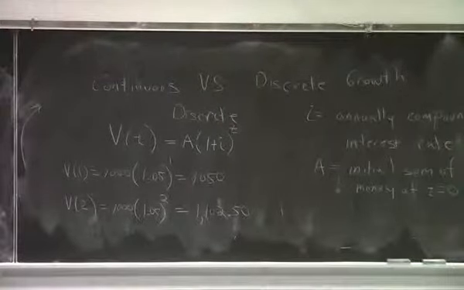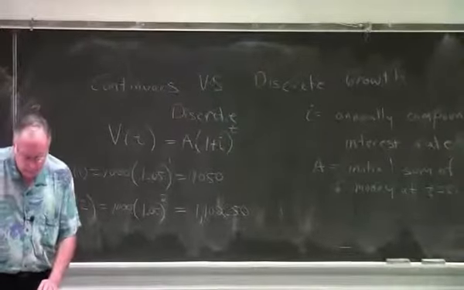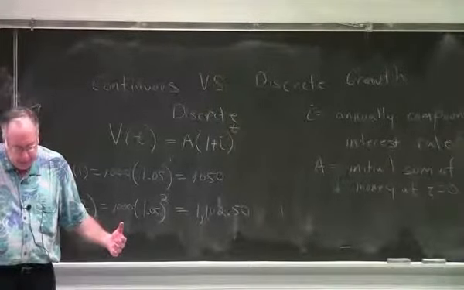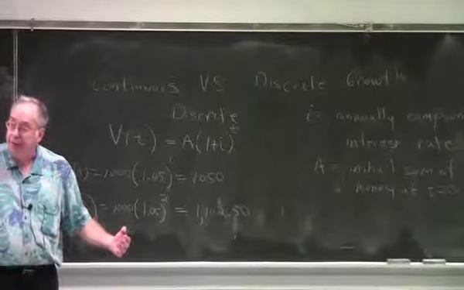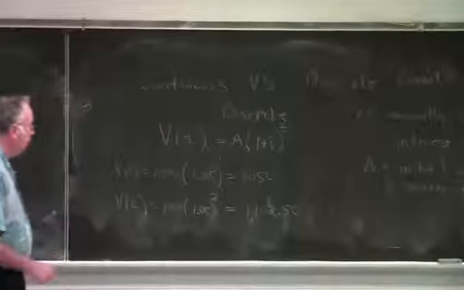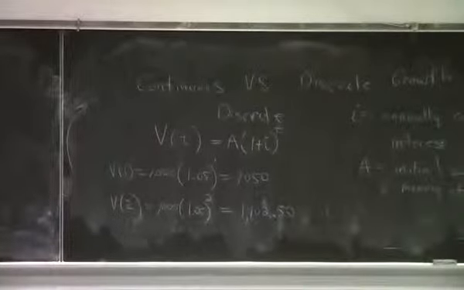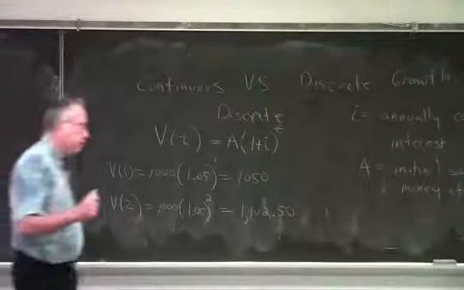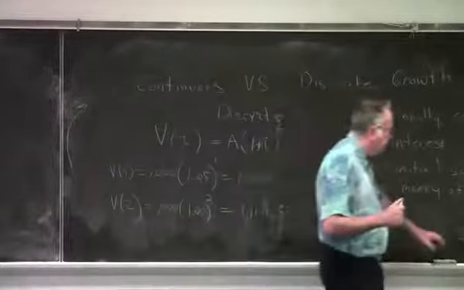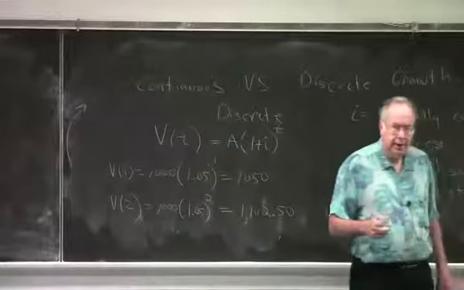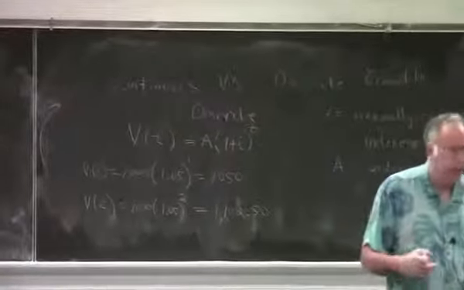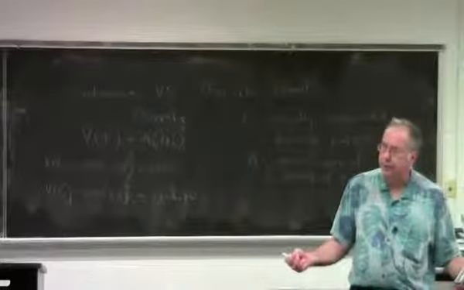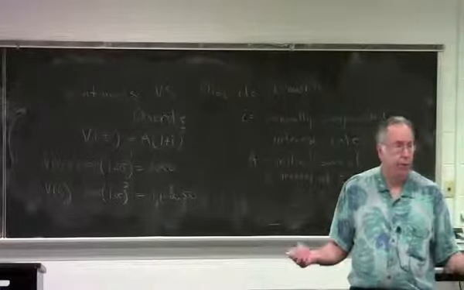Okay, all right. Here's one I did. This is more interesting. What would this $1,000 be worth after 30 years? What would be the formula if you wanted to calculate the value of this after 30 years? $1,000 invested at 5% annually compounded interest. How much would it be worth after 30 years?